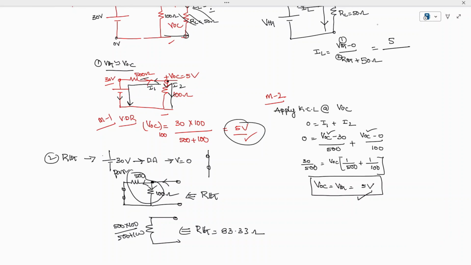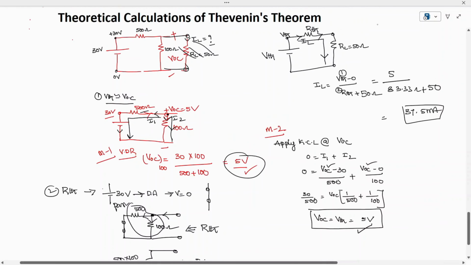The Thevenin's voltage we obtained is 5 divided by R Thevenin, 83.33 ohms, plus 50 ohm. This 50 is already given as RL. When you do it, you are going to get 37.5 milliamperes as the current. So as per the given problem, the load current is 37.5 milliampere.